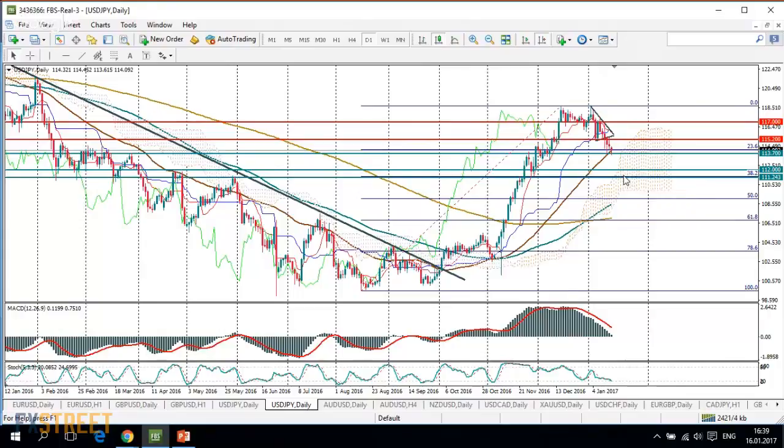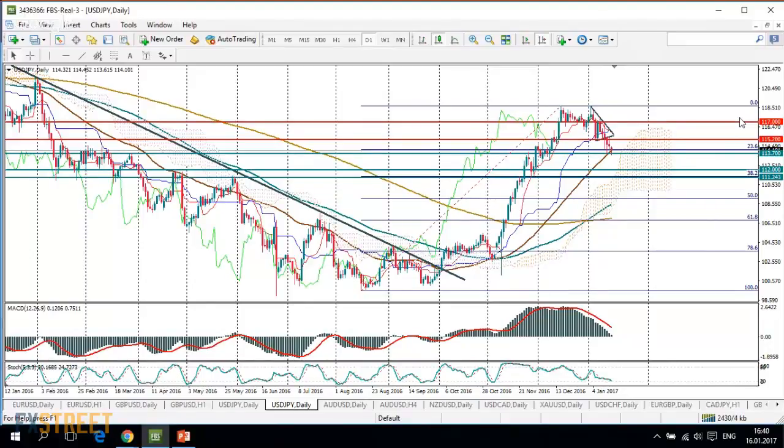Also, on the daily chart we have a bullish Ichimoku cloud, which is providing support for dollar yen precisely in this area of 112, 111.24. So if we look at the dollar yen, we should pay attention to the following support levels.